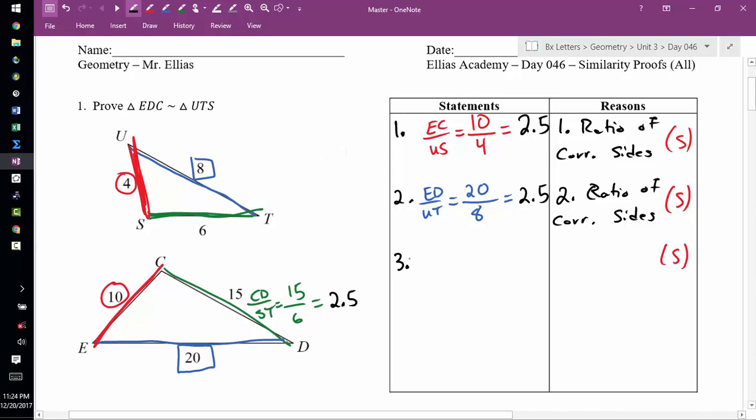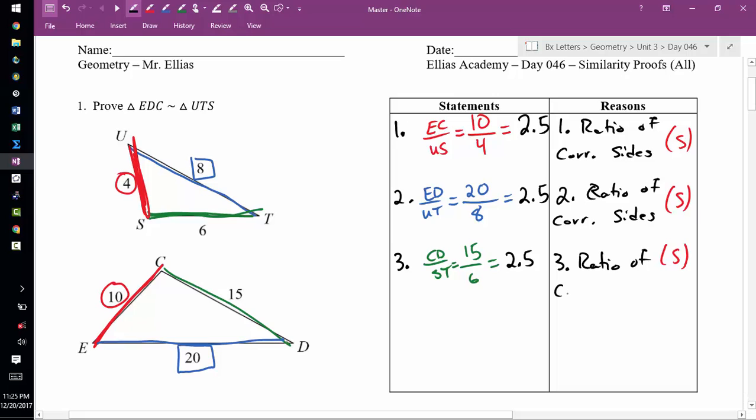And that will help me when I go to write my fourth statement and the reason. So statement 3 is my last ratio. Why did I do that? Well, I'm just making a ratio of corresponding sides. And when I put all of that information together, when I see that I have side, side, and side, I'm allowed to say statement 4.